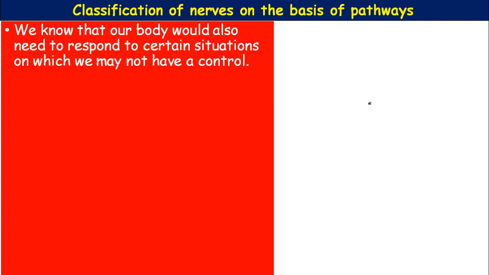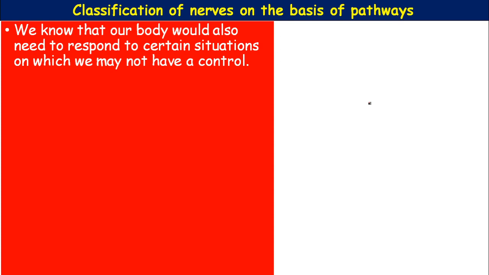When you touch a hot object, that information is carried by the sense organ to the brain and spinal cord, a response is generated, and that response is carried through motor nerves to the effector organ, that is the hand. We remove it immediately. Within a fraction of a second the information passes to and fro. The stimulus is passed to the brain and spinal cord, the response is generated, and the action takes place immediately.